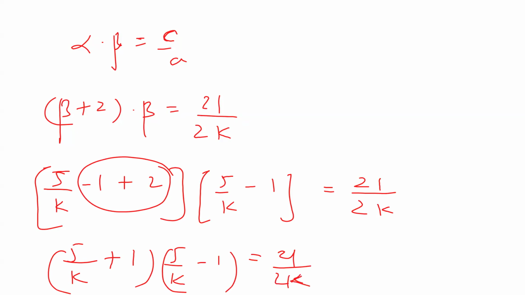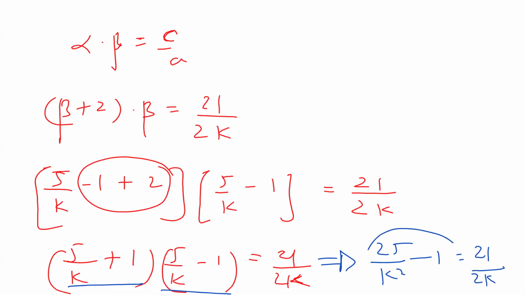Using a plus b into a minus b, a square minus b square, is equal to 21 upon 2k. Simplify this, take LCM on the left hand side, then cross multiply and solve further. You'll get a quadratic in terms of k that you need to solve.